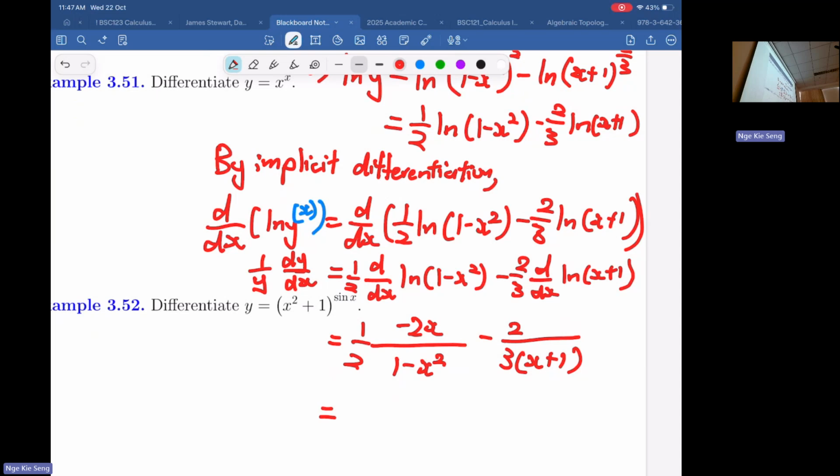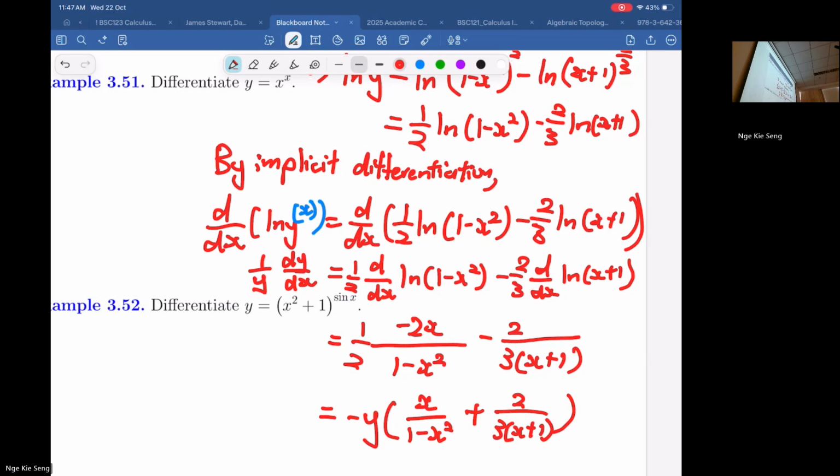All together, you should get y times x over 1 minus x squared. And then, where's my minus sign? Let's pull the minus sign out, so you get a plus 2 over 3. So I think that's it.